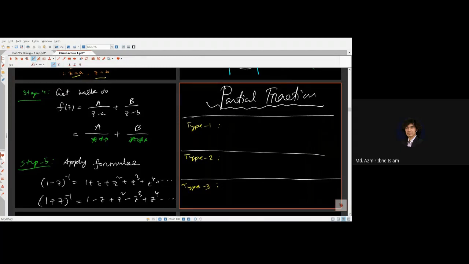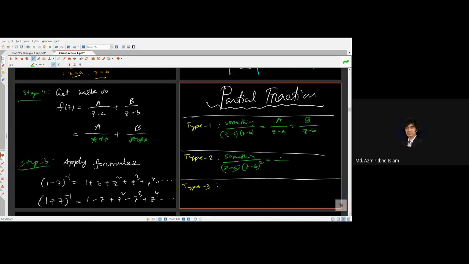The function f of z that you have, suppose you have something over z negative a, z negative b. So we can write it this way. For the z negative a factor, we have a constant A. For z negative b, we have suppose B. Type 2, something by z negative a, z negative b squared, or let's say b cubed.